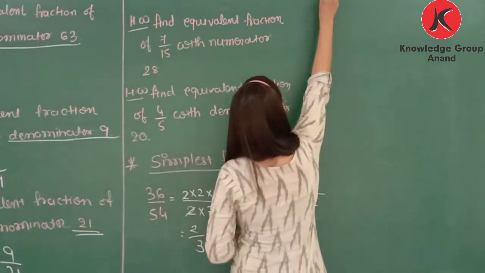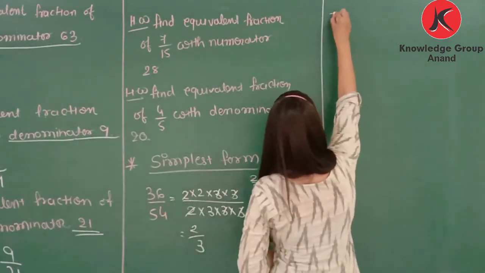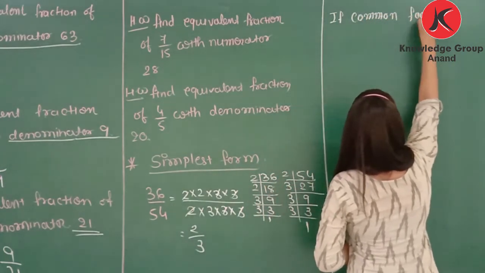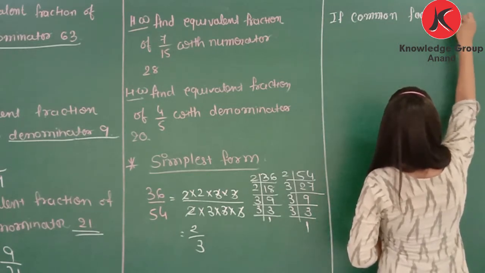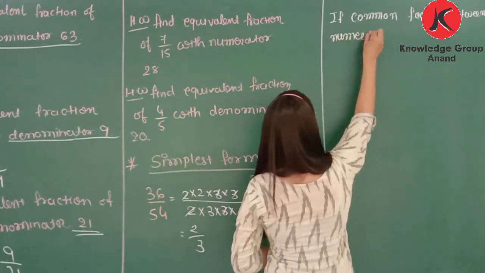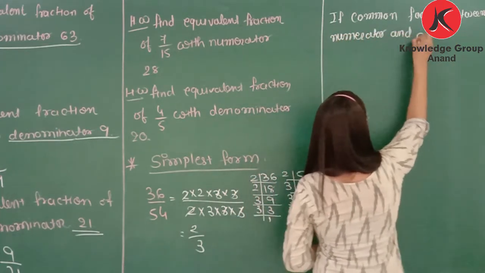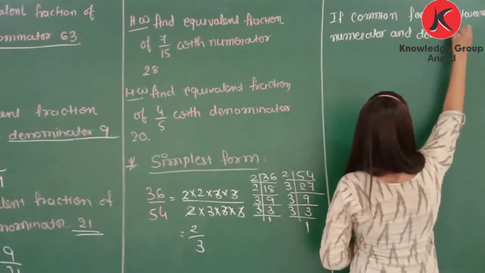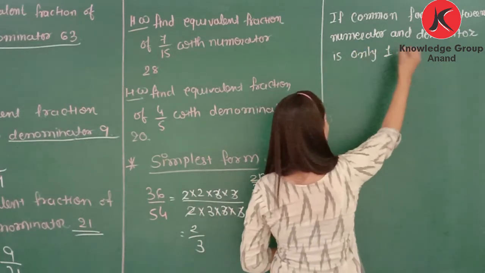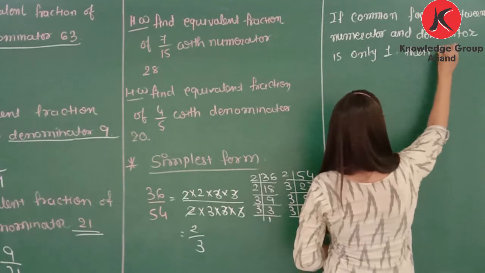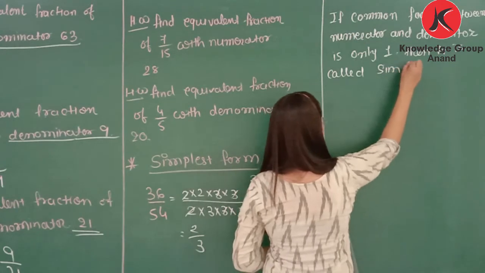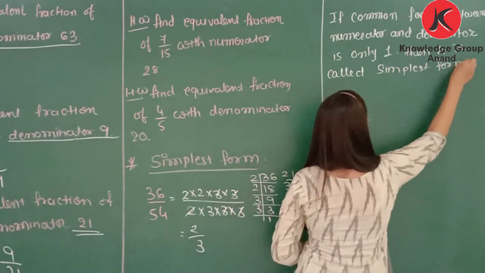So we can write, if common factor between numerator and denominator is only 1, then it is called simplest form.